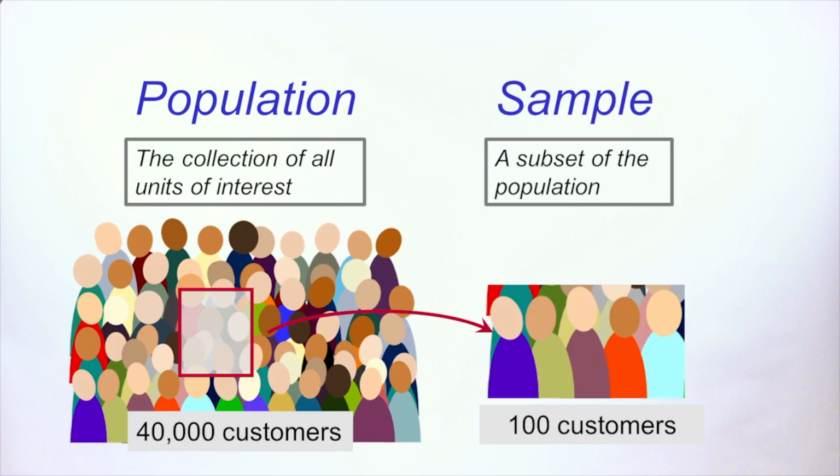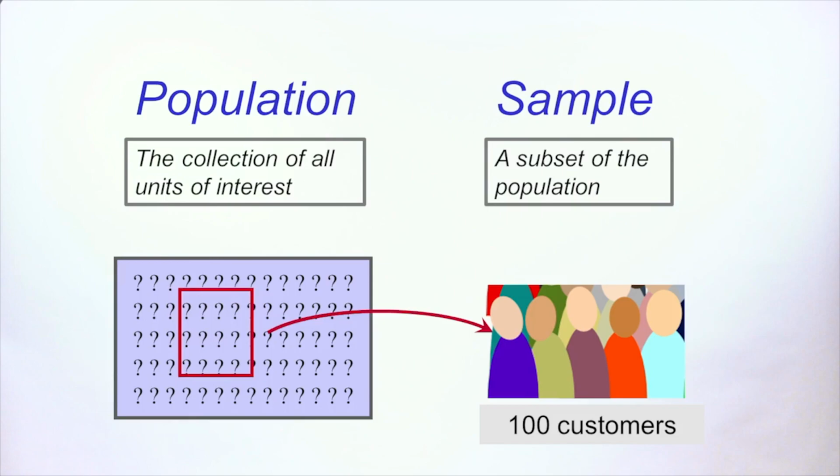On a more abstract level, we can look at it that the population is a bunch of question marks, which are all the customers, and we have no clue about their opinion on our product. From these unknowns, we select some units, some customers.